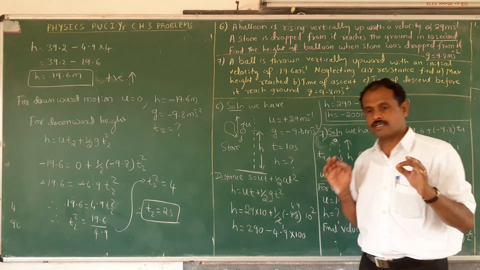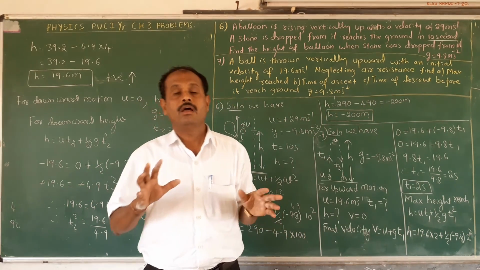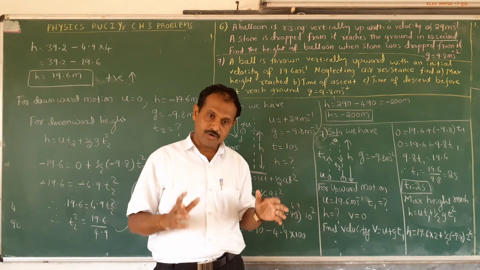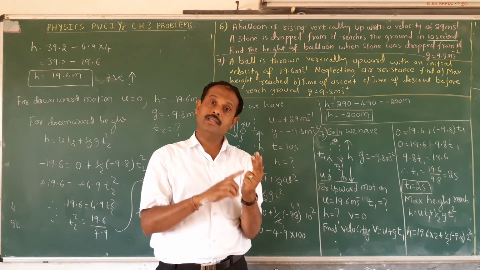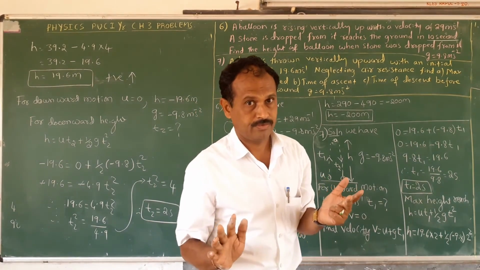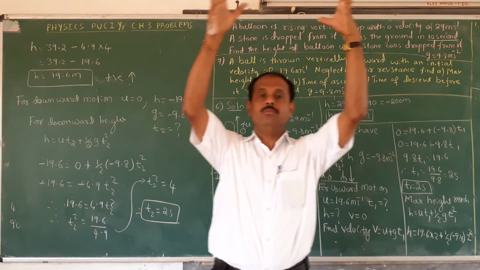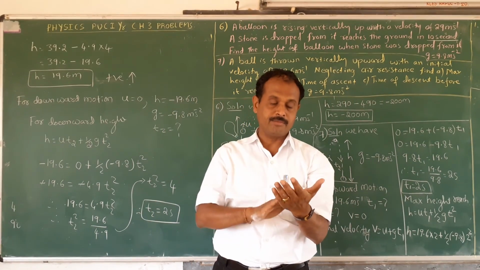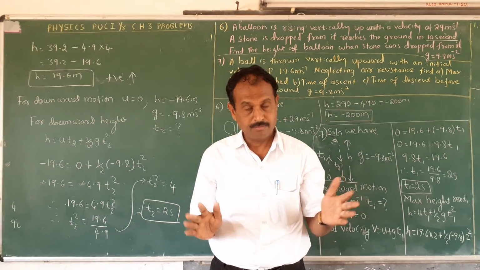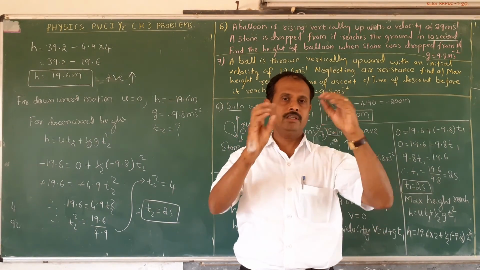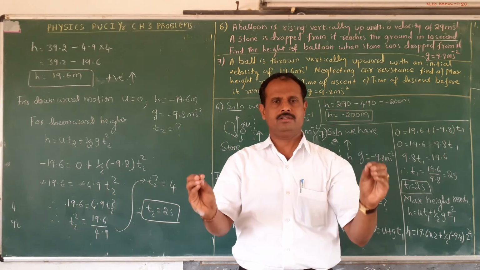Once again repeat the sign conventions. When a body moves upwards, velocity, height, they are taken as positive. When particle moves downwards, at that time velocity, height, they are taken as negative. But g you have to take always negative.